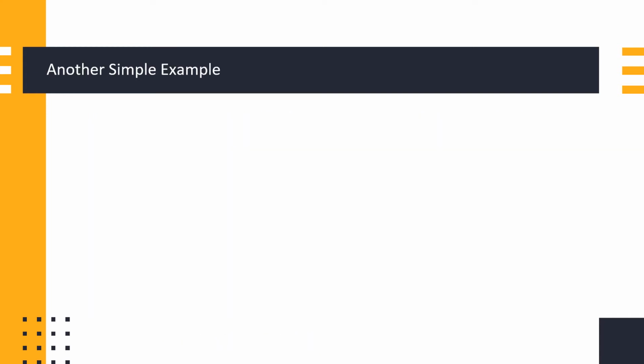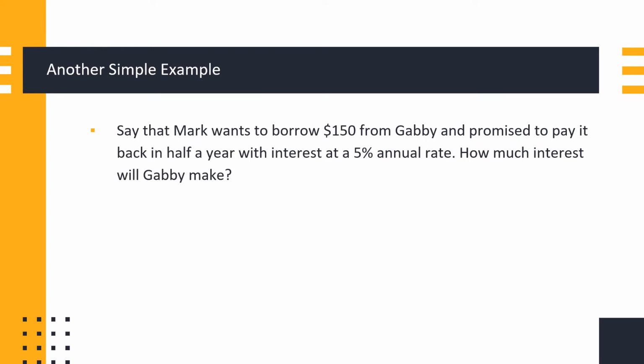Let's look at a different example. Mark wants to borrow $150 from Gabby, and he promises to pay it back in half a year with an interest rate of 5%, and that's an annual rate. Annual, if you weren't sure, just means once a year. How much interest is Gabby going to make?